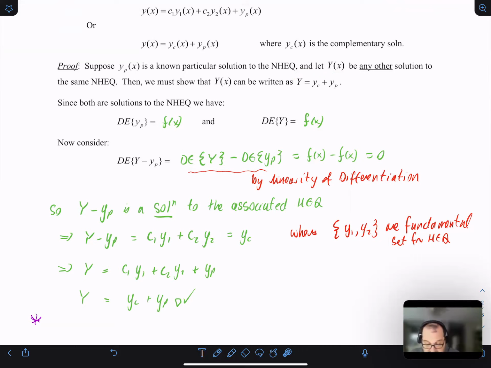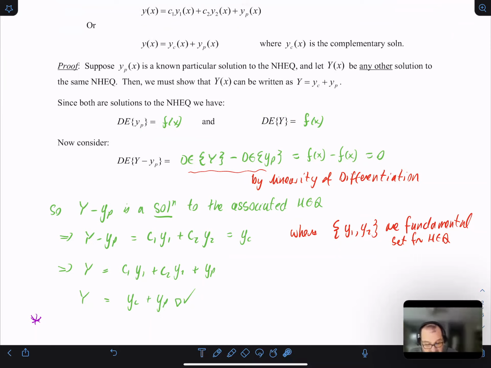Let's say, okay, so if y sub p is a particular solution, then substituting y sub p into the left-hand side solves the NHEQ. Similarly, if big Y is a general or any other solution to the NHEQ, plugging Y into the left-hand side of the DE solves the NHEQ.